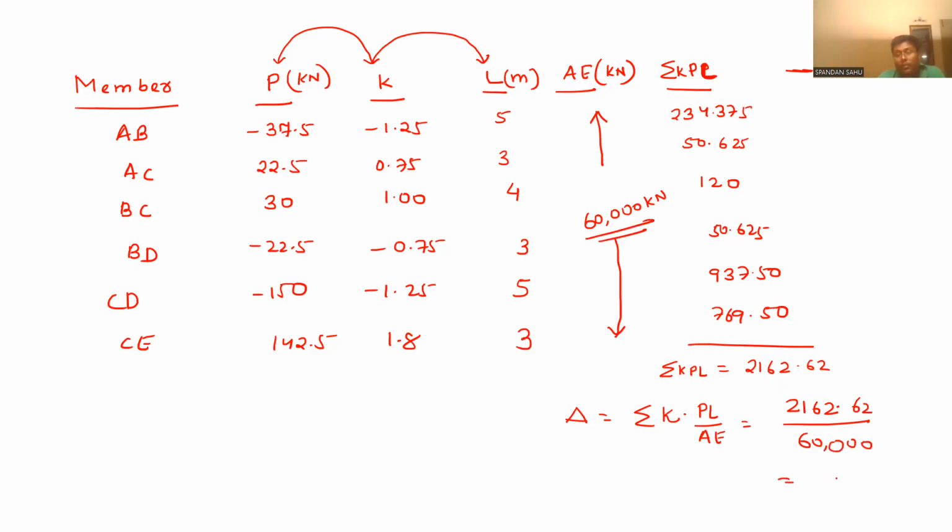So it is coming to be 0.036 meter, it can be approximated as 36.04 millimeter. So this is delta A horizontal will be equal to 36.04 millimeter.